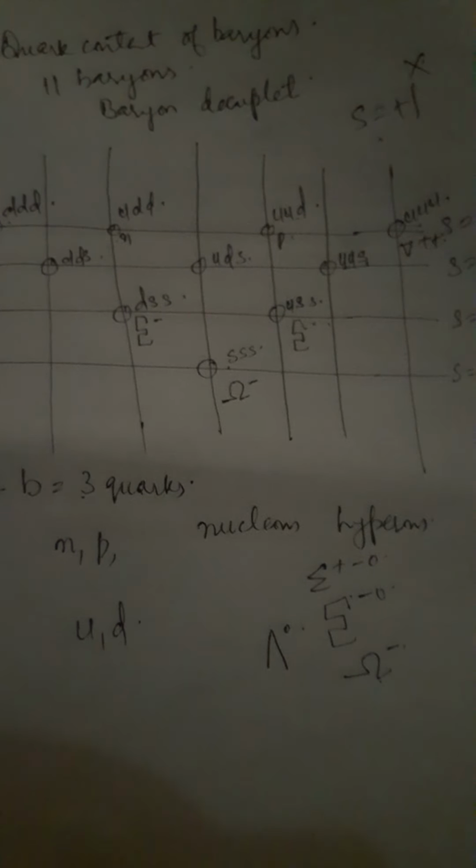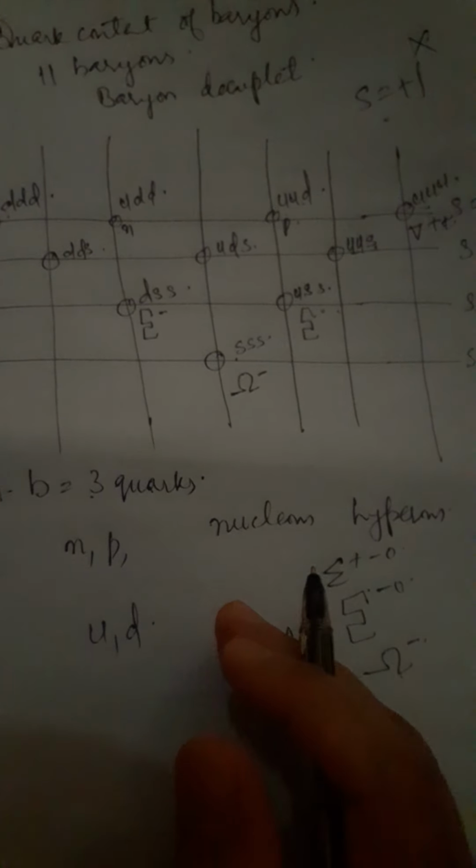So this is a beautiful arrangement in which you have arranged all the baryons with their quark content with a simple arrangement of horizontal and vertical lines, keeping in mind that from left to right the charge increases from negative to positive, and from bottom to top the strangeness increases from negative to positive, and then looking at the number of particles that we have to place. So I think this suffices today's lecture.